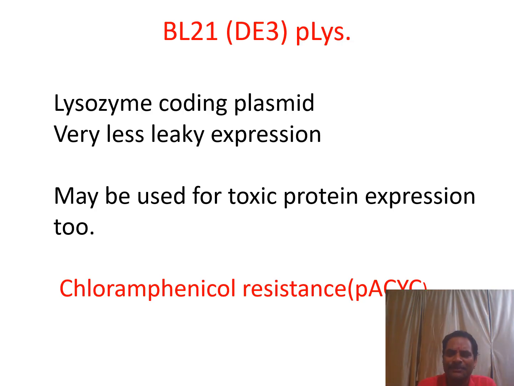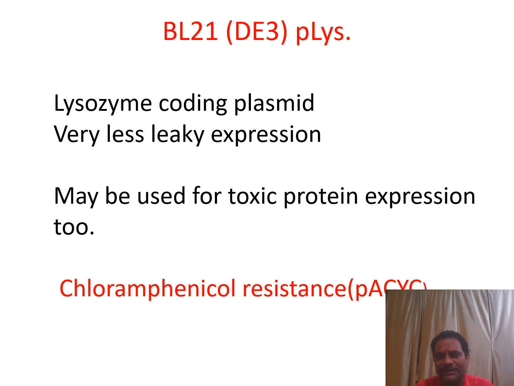So if there is a basal amount of T7 RNA polymerase present in the cell, that will be inhibited by T7 lysozyme. So there is no availability of free T7 RNA polymerase, so it will not bind to the T7 promoter, and there is no production of toxic protein.